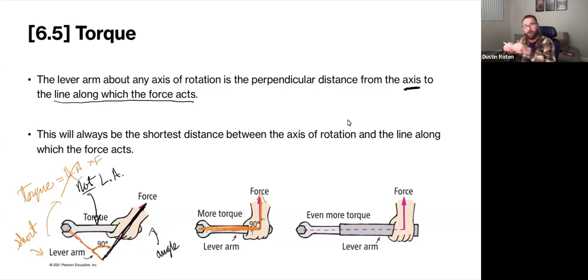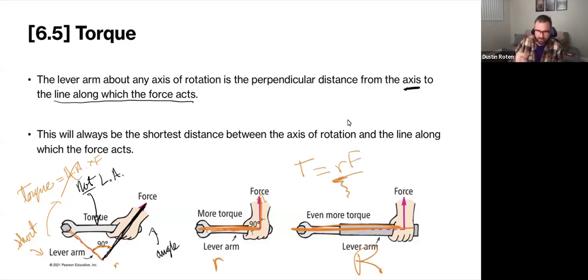If we put a pipe over our branch, we get even more torque because we extend our lever arm. So we go from a baby R lever arm to a slightly bigger lever arm to a really big lever arm, right? So we keep increasing the R in our torque equation. We get more torque out of it.